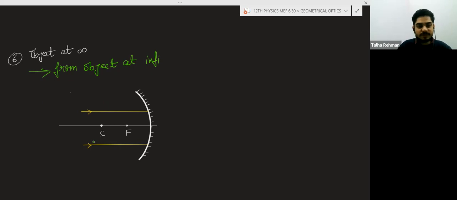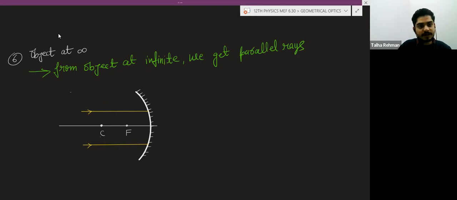After that, we will finish this class. From object at infinite, we get parallel rays. So here the object is at infinite and we are getting the parallel rays.